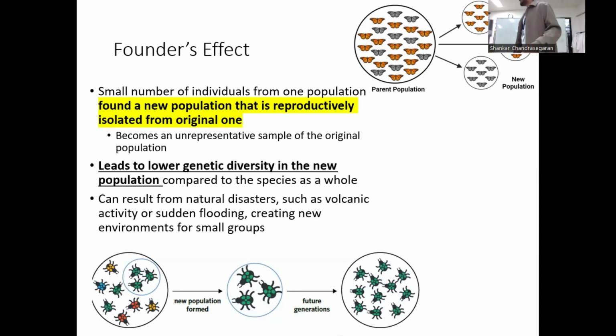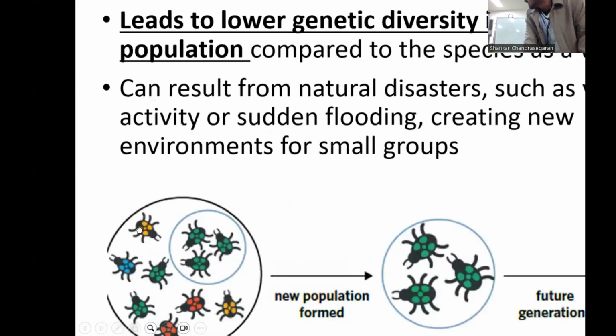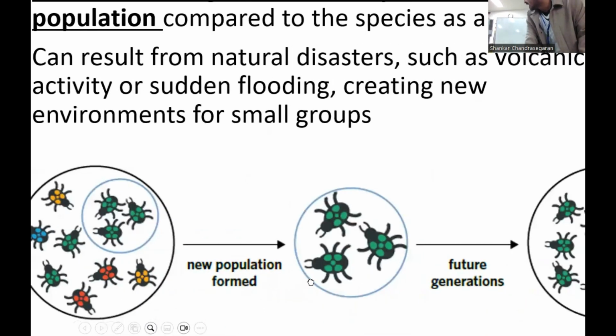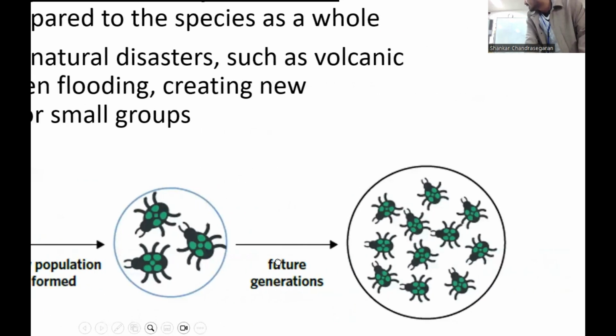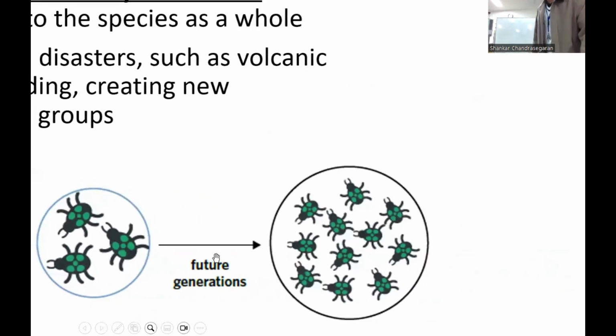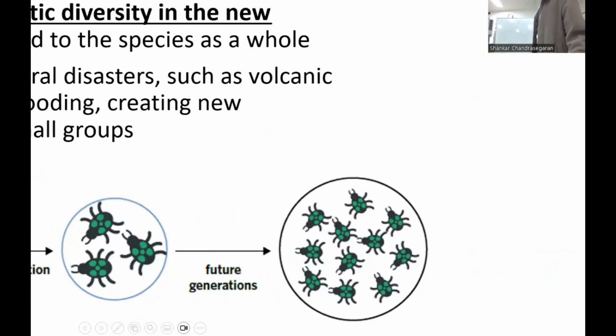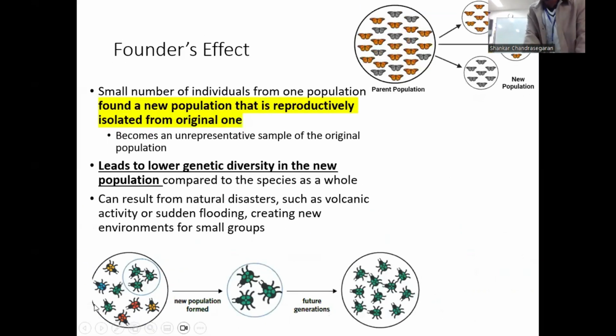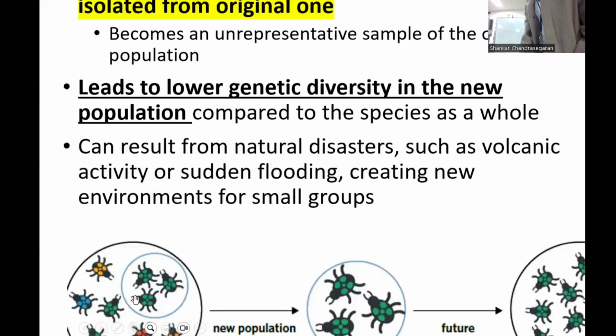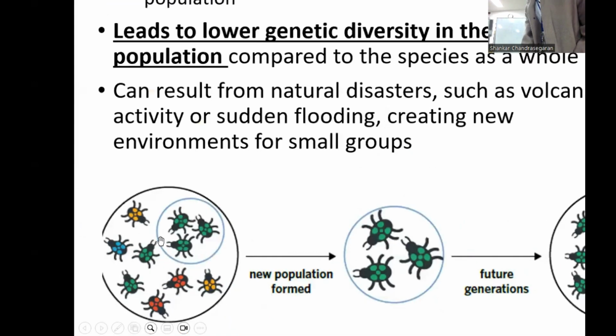Essentially, this also leads to a lower genetic diversity in the new population compared to the species as a whole, because whatever original variation they had, they've lost it by forming a population with only a specific phenotype, right? So we start off with a bunch of different colored beetles, as you can see here.